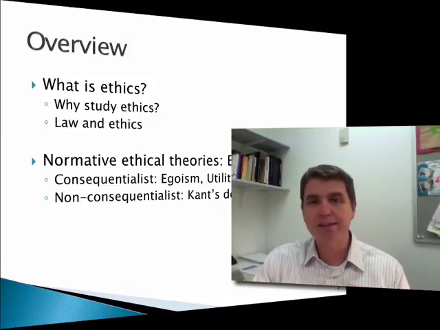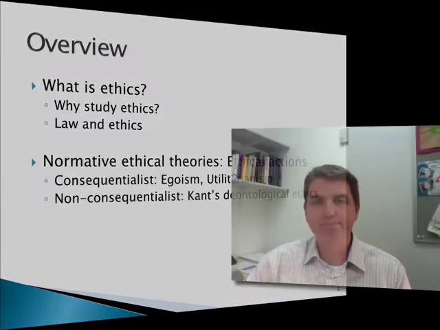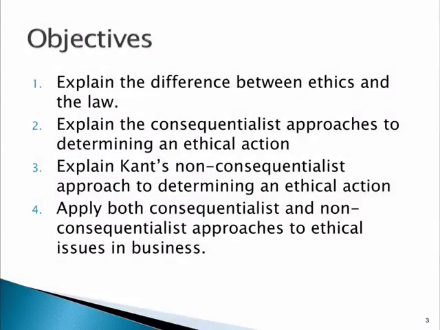So why don't we get started by having a look at what our objectives are. As I was just saying, the first thing we want to do is explain the difference and similarities between ethics and the law. Then we're going to look at a consequentialist approach to ethics. How does a consequentialist decide whether something is ethical or not?